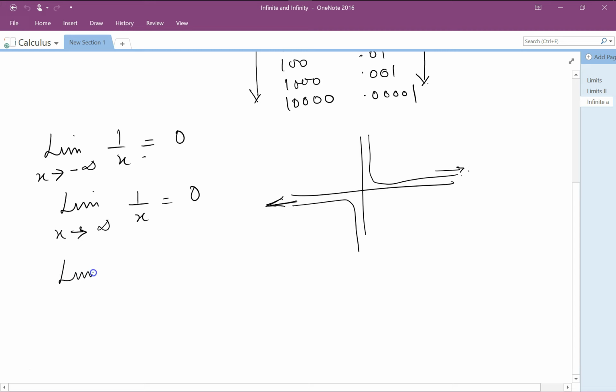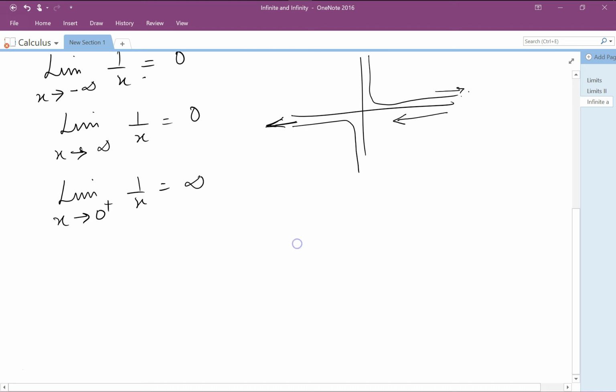Okay, so limit as x approaches 0, 1 by x, what happens? If it approaches from the positive side, that means from this side, then it gets larger and larger and larger. So it goes towards infinity.